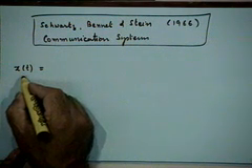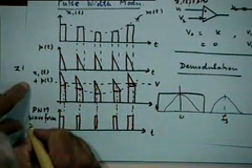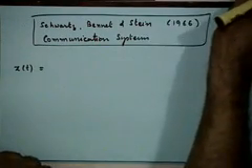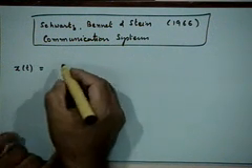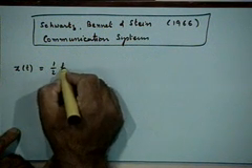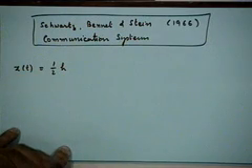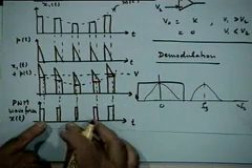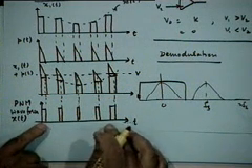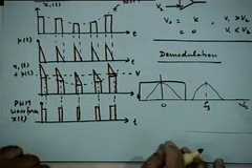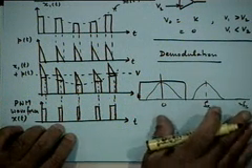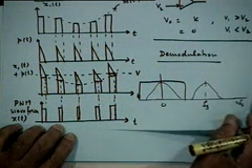The PWM signal, let's call it x of t, can be expressed in terms of a series expansion like this. There is a constant value h/2. Basically you are doing some kind of a Fourier series representation of this. Actually it is not a periodic signal. One can see that it is not a periodic signal in general. But still it is possible to come up with some kind of a harmonic-like representation.